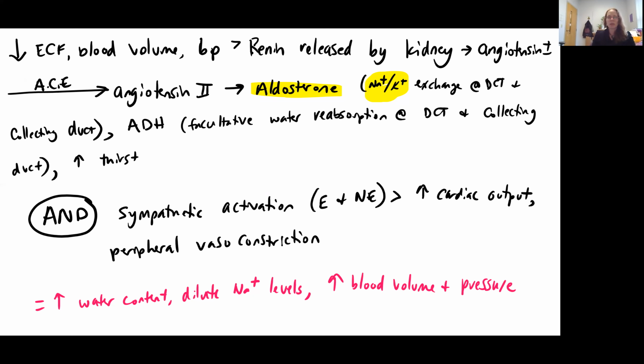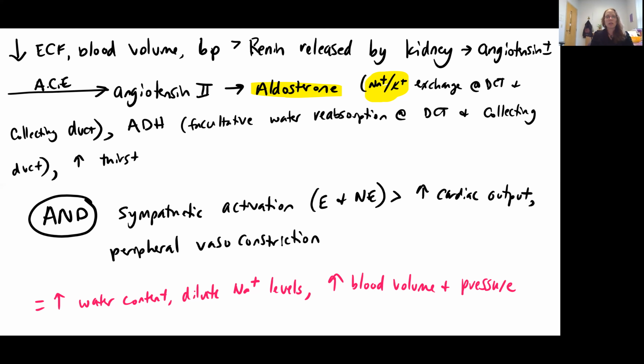This is highlighted because, pay attention, if you have aldosterone being released, this is assisting with sodium regulation, but this is also causing potassium secretion. And so it can alter your potassium levels.